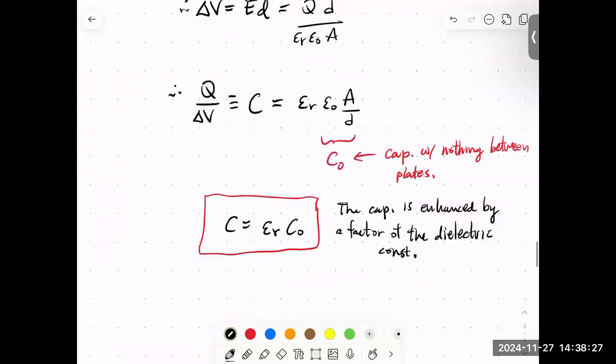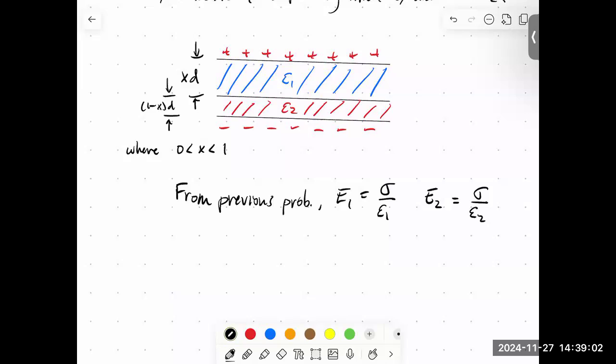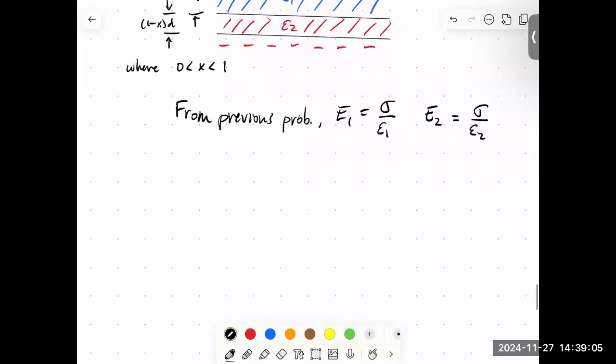And so we know that the electric field in the first dielectric is going to be sigma over epsilon 1, and the electric field in the second dielectric will be sigma over epsilon 2. If you wanted to, you could just do Gauss's law with the electric displacement at this bottom plate, and then do it again at the top plate, and you'll get these results exactly like we just did.